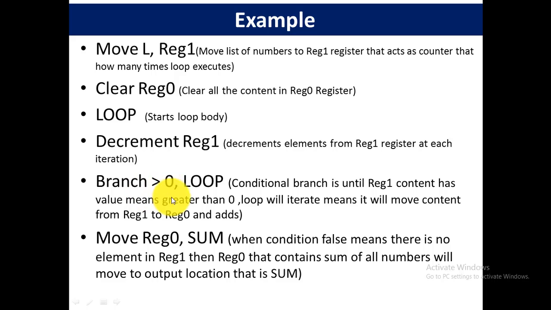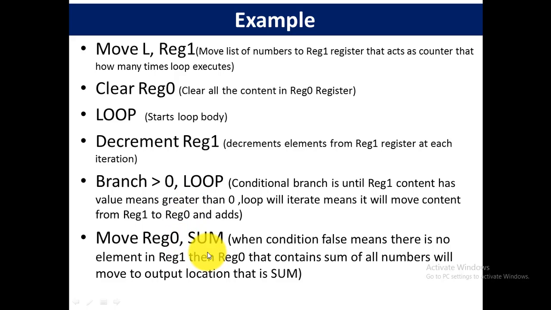Branch greater than 0, then loop. This is a conditional branch: as long as register 1 content is greater than 0, the loop will iterate, moving content and adding to register 0. And after that, move register 0 to sum.